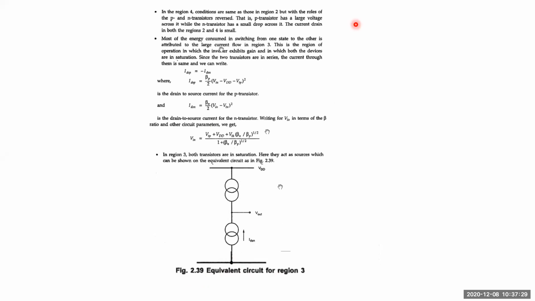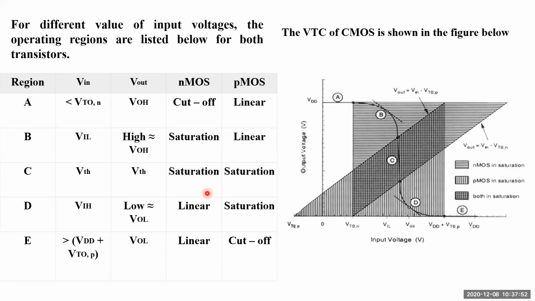In region 4, what happens? The conditions are similar to region 2, but here the roles are reversed. The PMOS has a large voltage across it, while the NMOS has a small voltage drop. So it is exactly the opposite state of these regions.